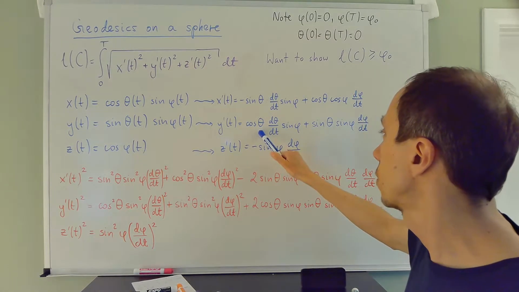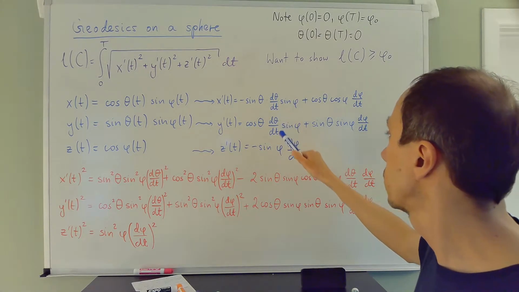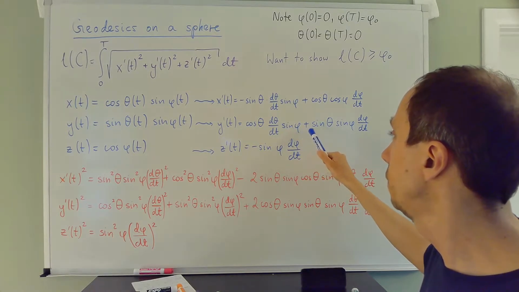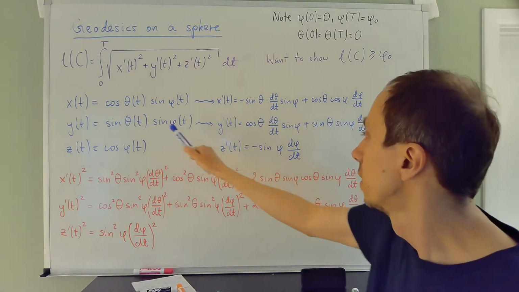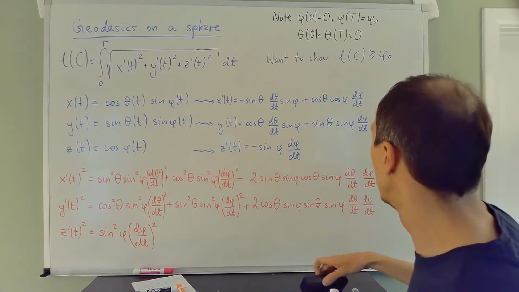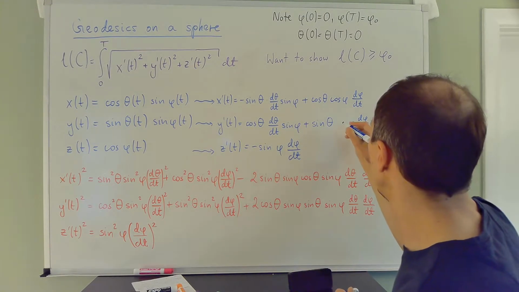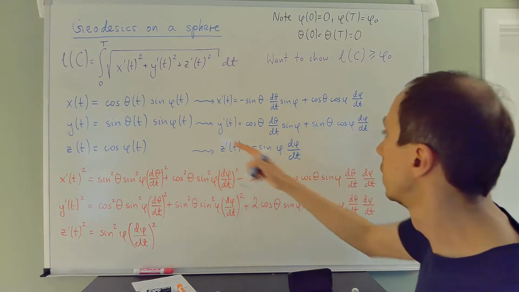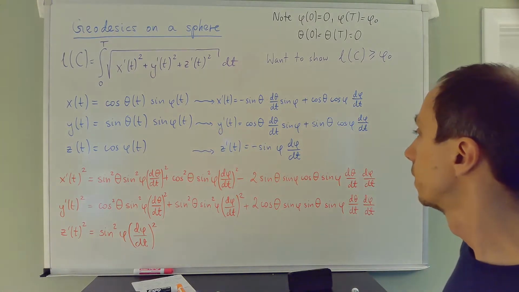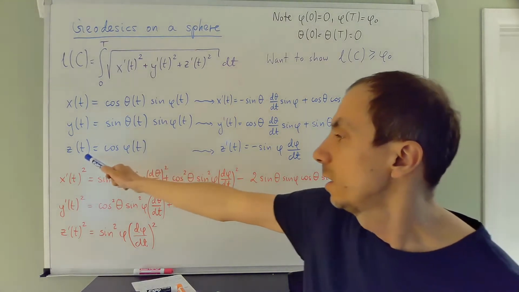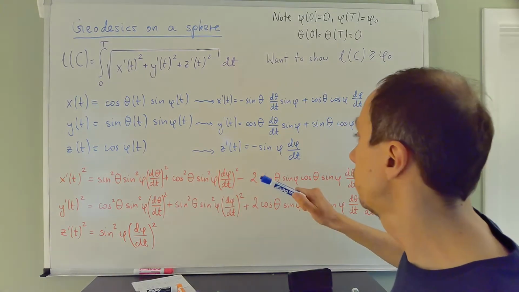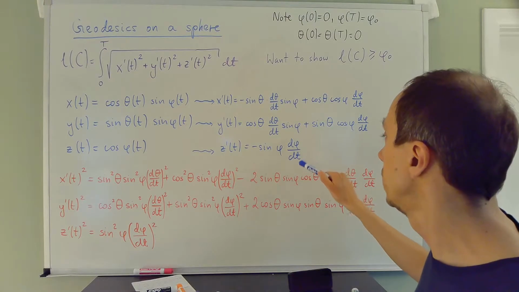Derivative of sine is cosine times the inner function times sine of phi plus sine of theta, derivative, also derivative of sine phi is cosine phi times d phi over dt. And finally, when z of t is equal to cosine phi, the derivative is minus sine phi d phi over dt.